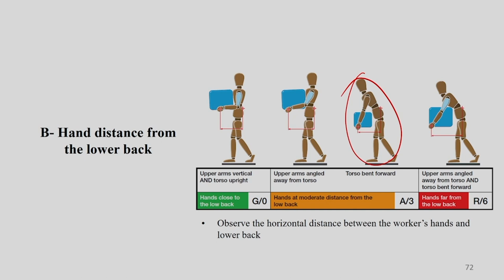The last one is the upper arm angled away from the torso and the torso is bent. In both cases it is away. Your upper arm is forming an angle with your torso, and you are also bending. So the load is quite heavy or difficult to hold. In such cases the color is red and the value is 6.